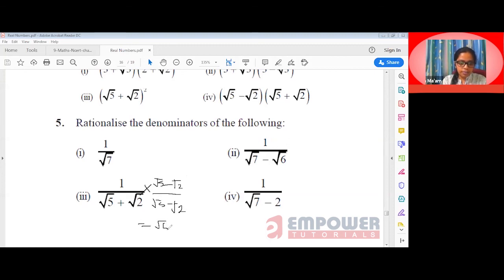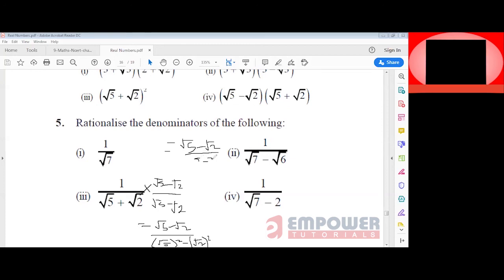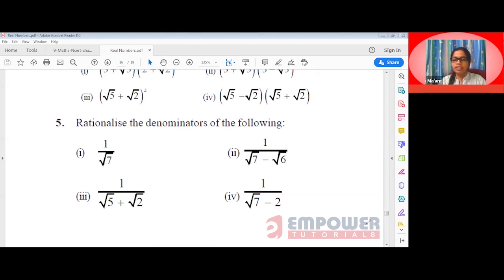You are correct, but you need to write down root 5 bracket square minus root 2 bracket square. Please don't skip steps, because steps have marks in mathematics. So this is equal to root 5 minus root 2 upon 5 minus 2, that is root 5 minus root 2 upon 3. Very good.